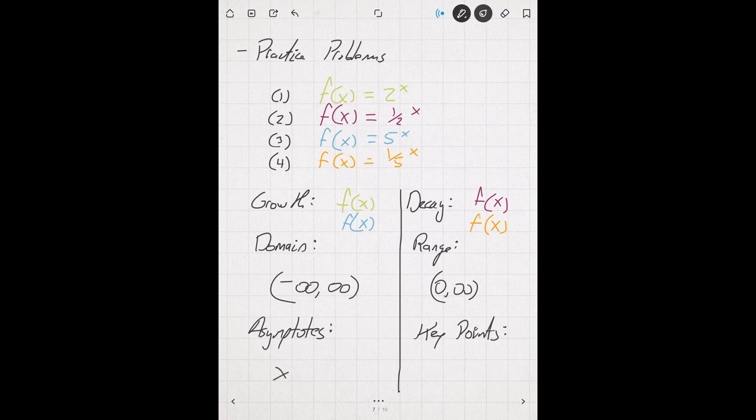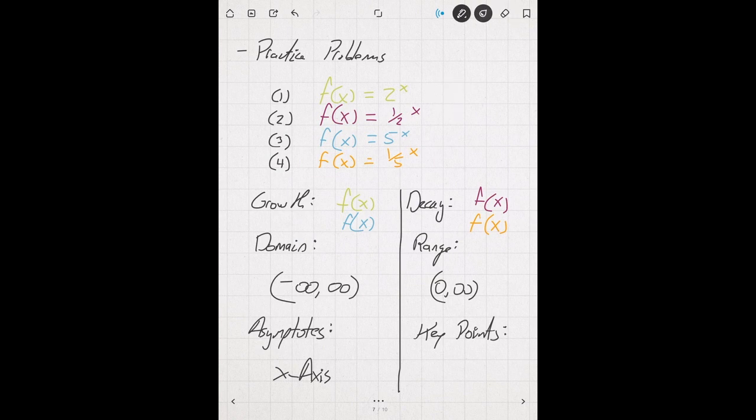Hopefully you're saying that's the x-axis, because we just got through saying there's no way for a function output to equal 0 here. There's no way that these exponential functions will give you a 0. So that's why the x-axis is really going to be our asymptote.